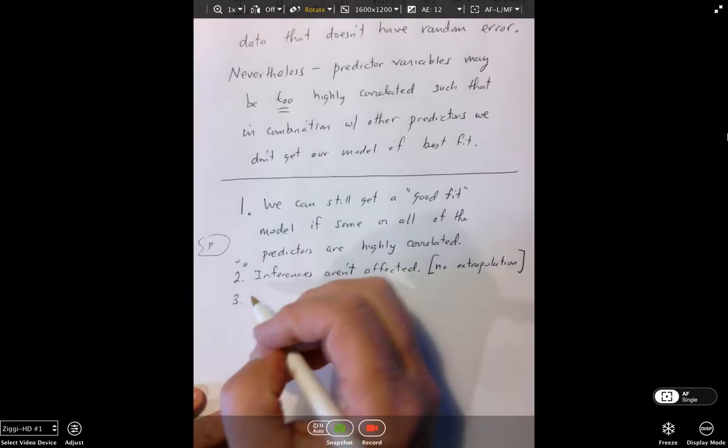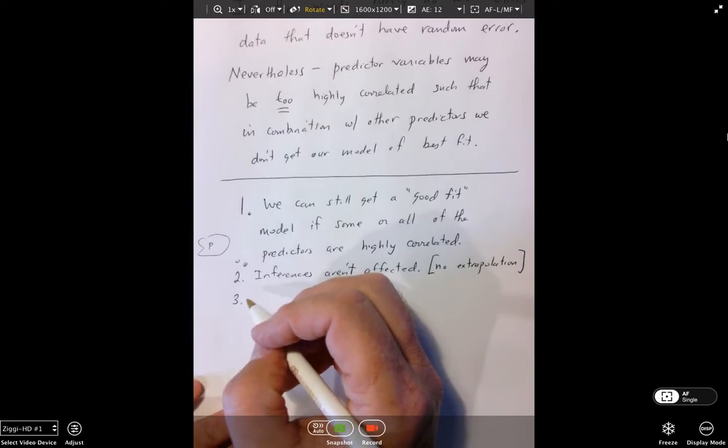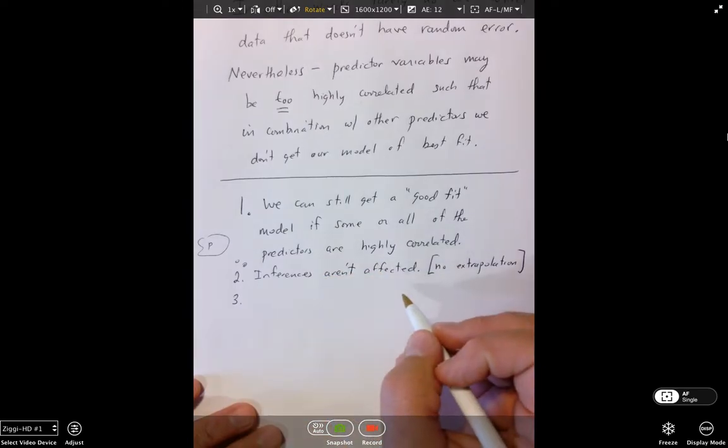Second thing, when our predictors are highly correlated, the estimated regression coefficients tend to have large sampling variation. So, I guess at the end of the day, we could think that just gives us kind of imprecise information.